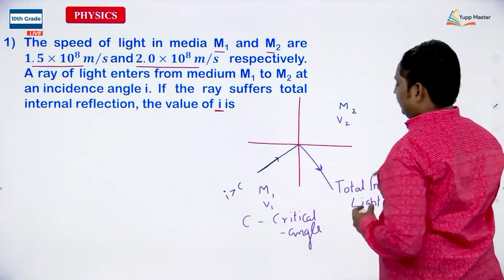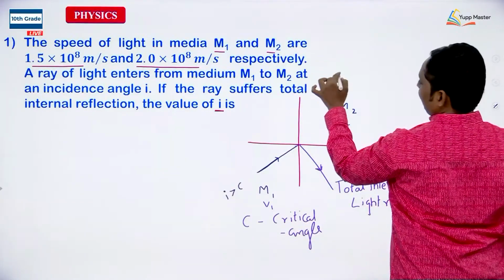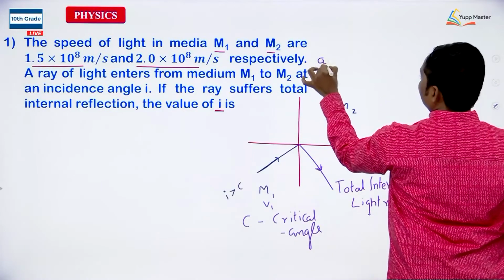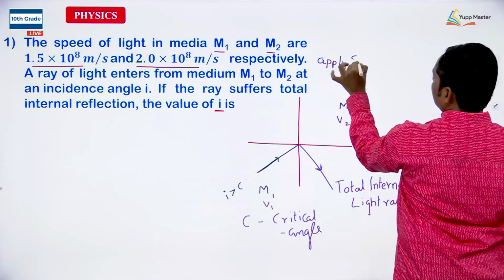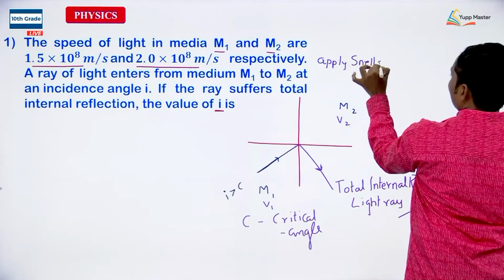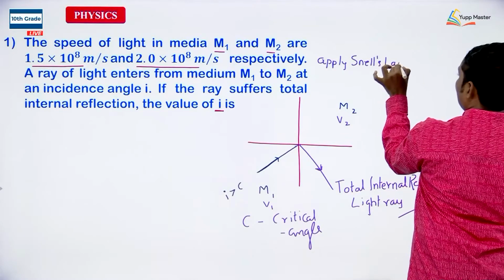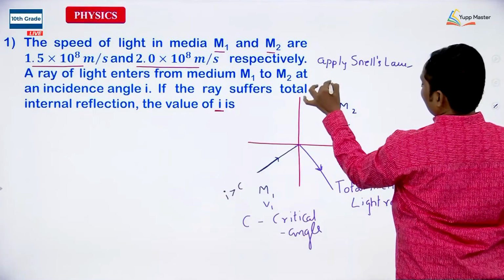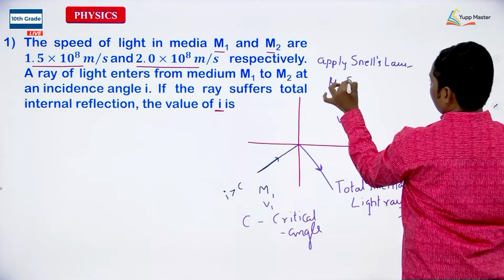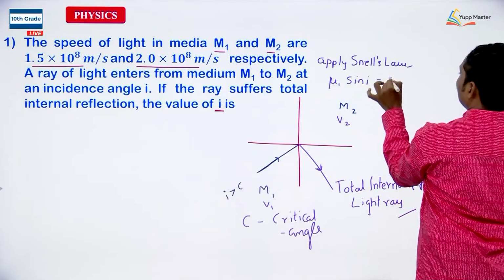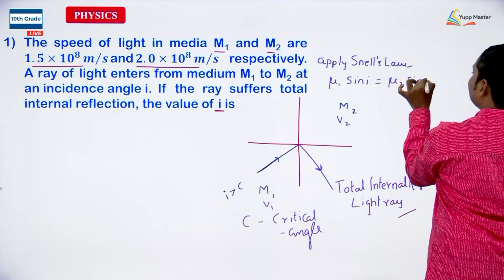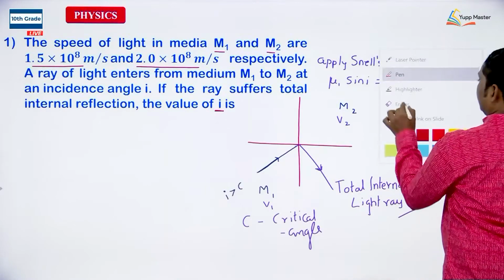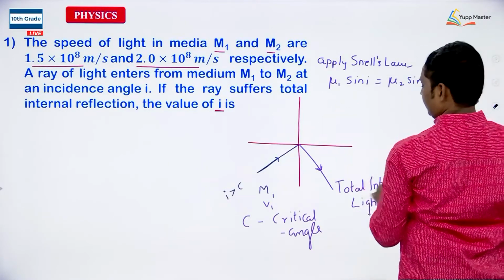By Snell's law, the law of refraction, mu 1 sin I is equal to mu 2 sin R.